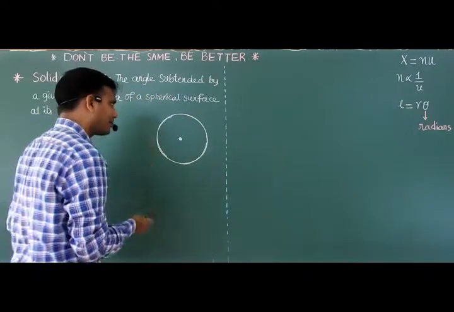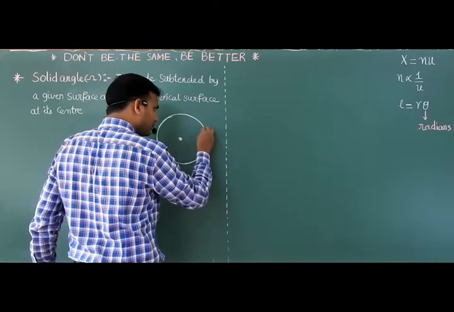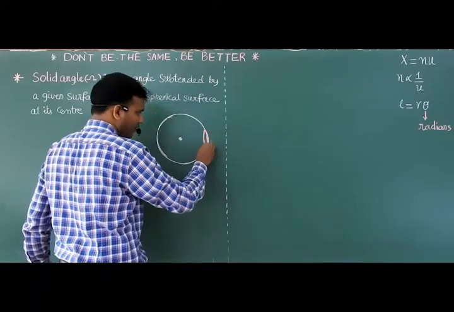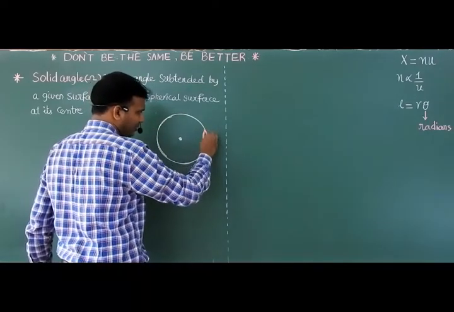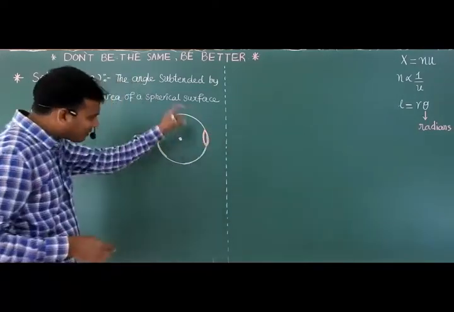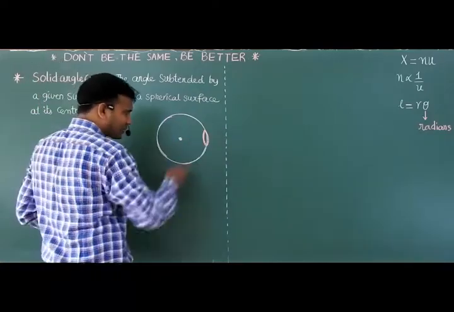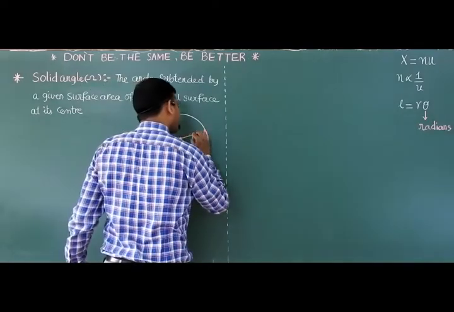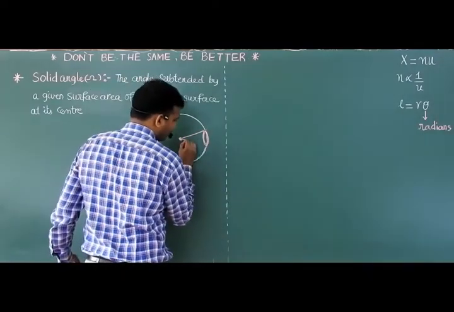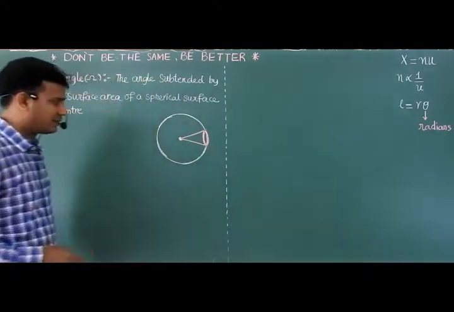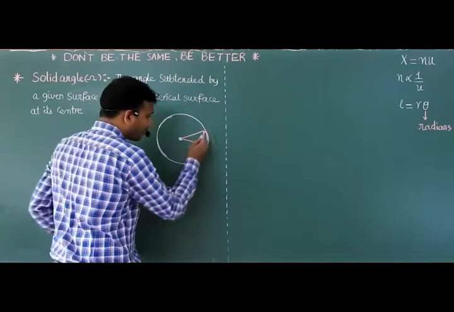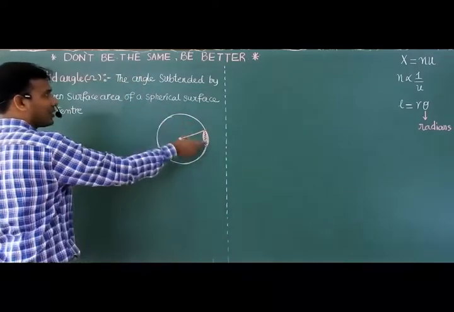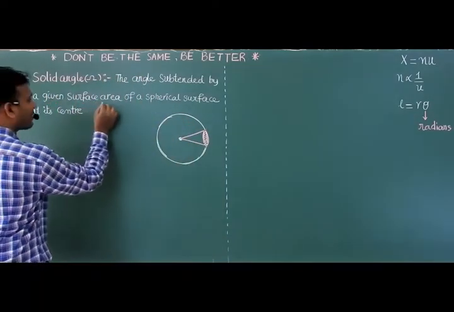Clear? Right. Now we have to consider this surface area, that part of the sphere. Wait, I will explain, don't worry. Then you have to consider it like this. Then this shaded part is nothing but a given surface area.